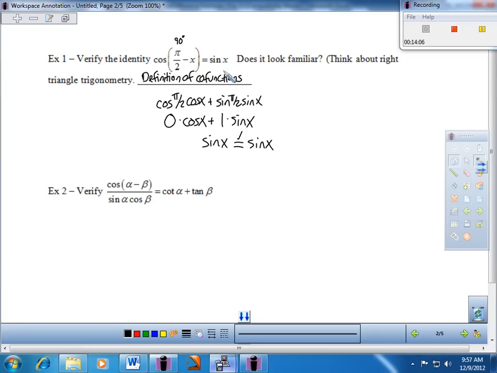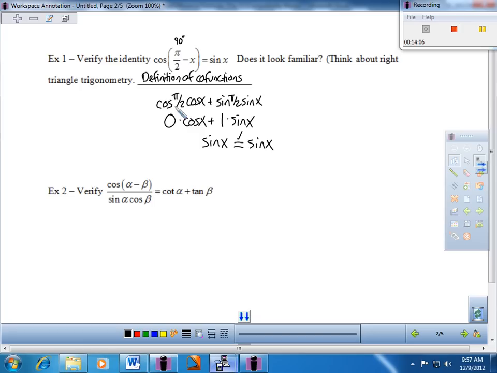And that's what we have exactly here. Sine and cosine are what are called cofunctions of one another. And x and pi over 2 minus x are complements of one another. So just last time here, cofunctions of complementary angles are equal. And we just proved that using this difference formula for cosine. Okay, great. So again, nice and straightforward there, just applying that, evaluating the constants, and then just performing the mathematics with the variables.